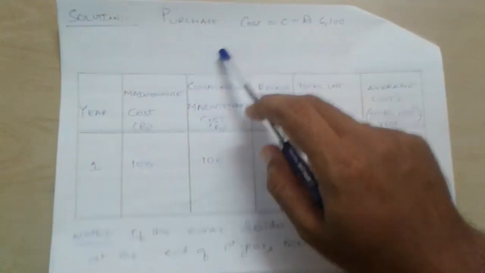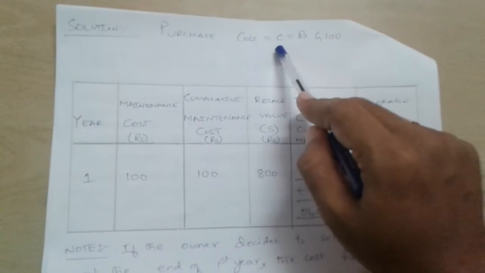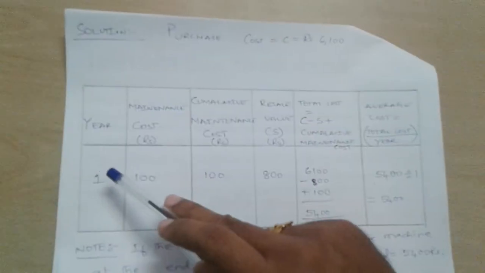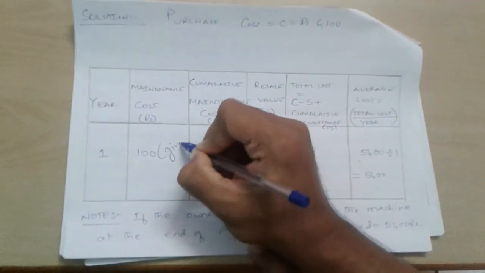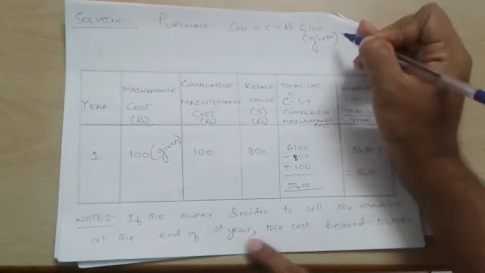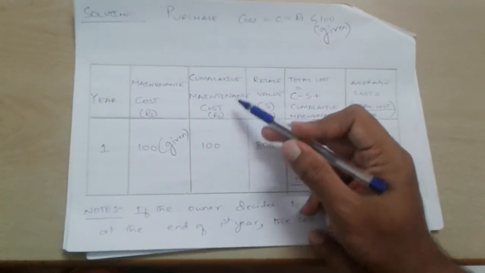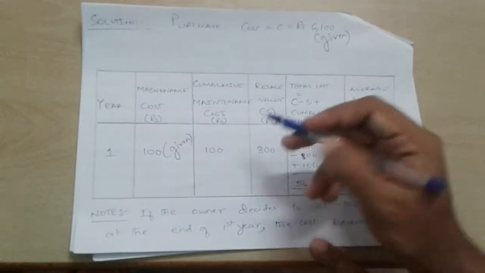So firstly, the purchase cost of this particular machine is 6100 rupees. We will consider this as C. Now for the first year the maintenance cost is 100 rupees. This is given in the problem statement. So the cumulative maintenance cost is 100 rupees. Resale value is 800 rupees.